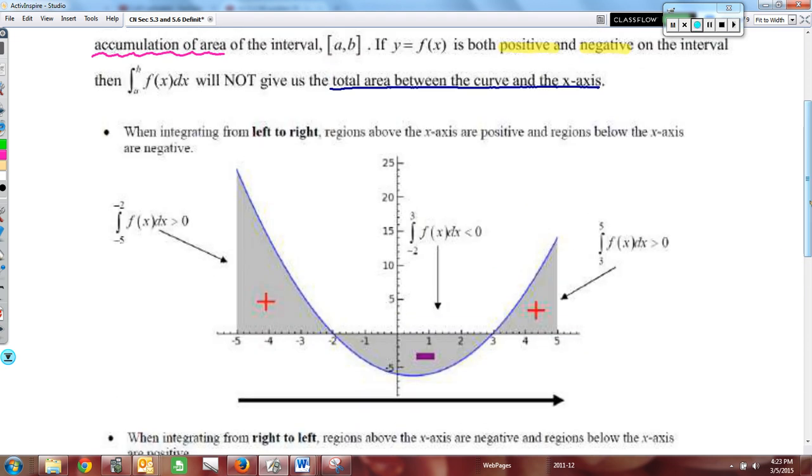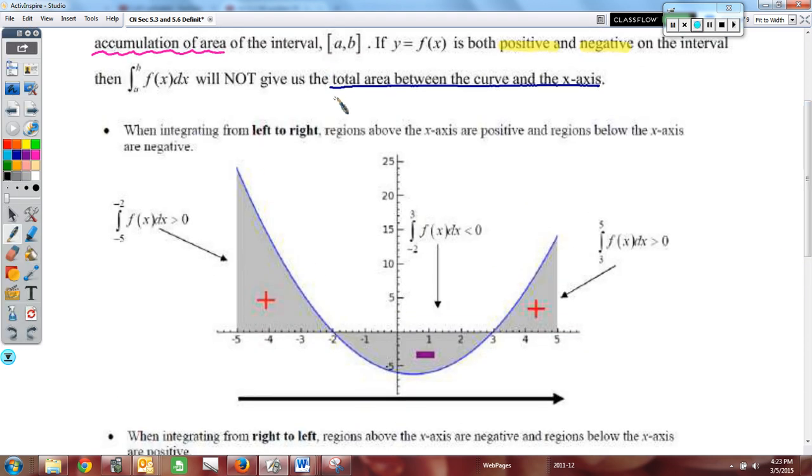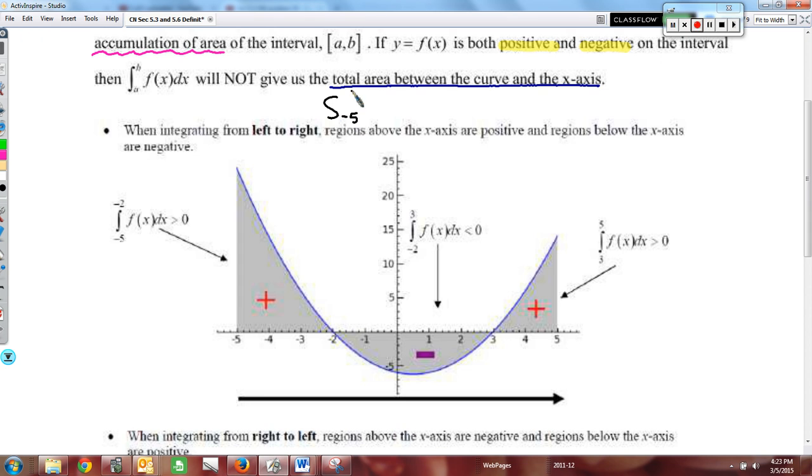If I created a definite integral from -5 to 5 of f of x dx, this is not going to equal the total area that you see. It is going to be an accumulation of the area, not total area. We're going to gain some when the velocity is positive, lose some when the velocity is negative, and then gain some again when the velocity is positive again.